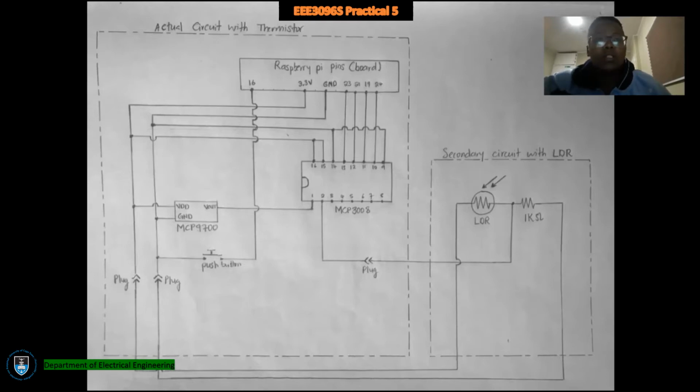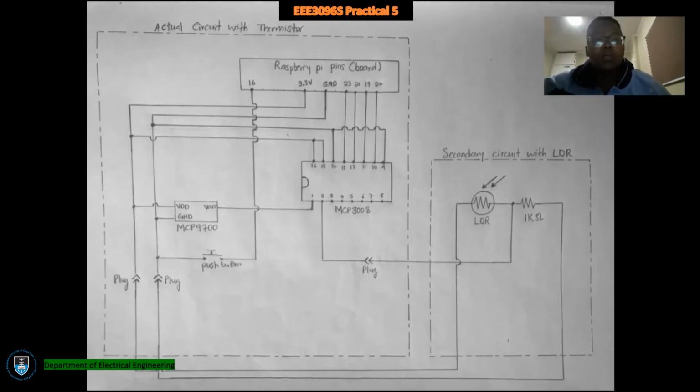The code used in this practical is divided into 4 main blocks. The initialization block, where all the necessary dependencies are imported from the Python libraries. This block includes the button press setup, the board mode setup, the GPIO setup, creating the SPI bus, creating the chip selector, creating the MCP object, and also creating a list of all the time delay factors.